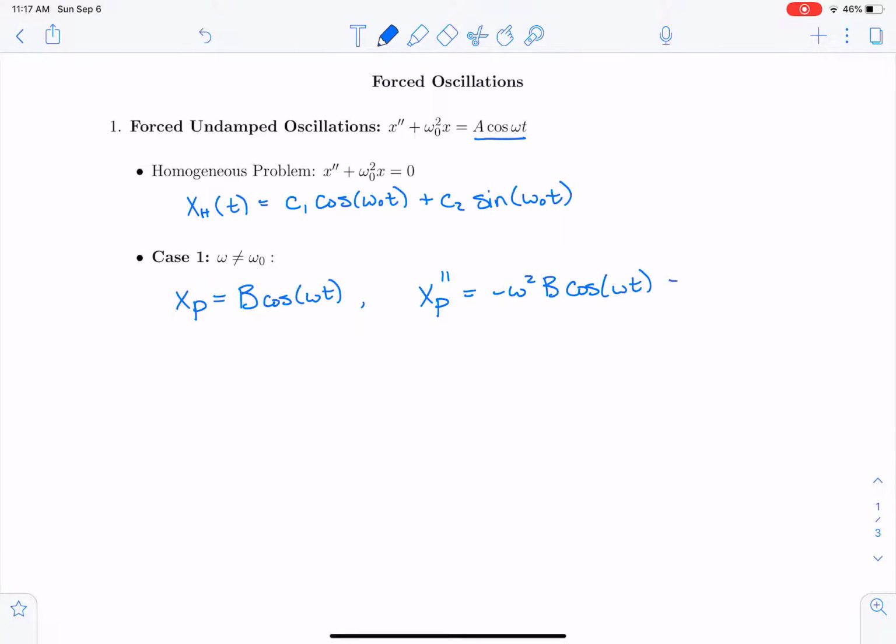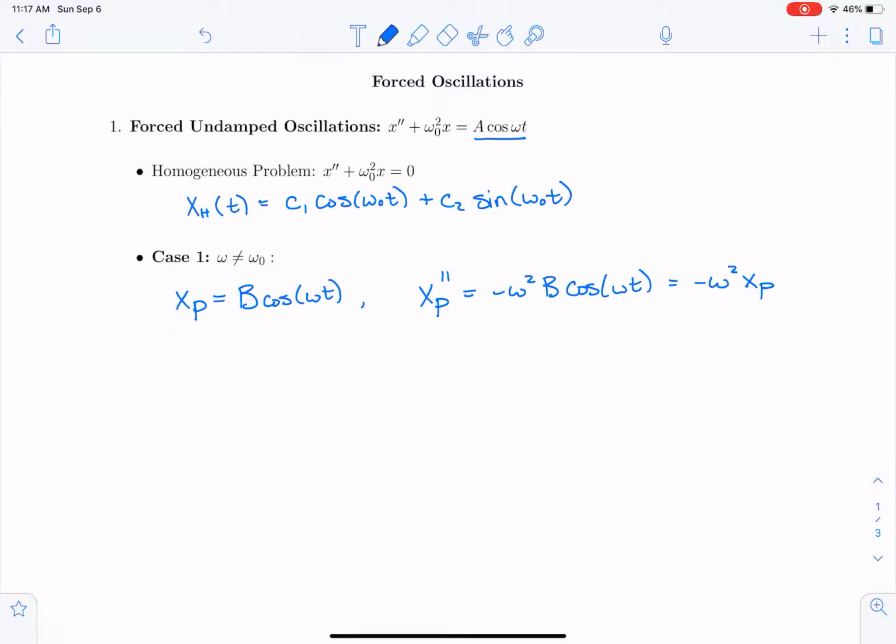Another way to write that is minus omega squared xp. Because I'm only looking at the second derivative of the particular solution, no sine terms occur, and that is why the constant in front of the sine term would have been 0.